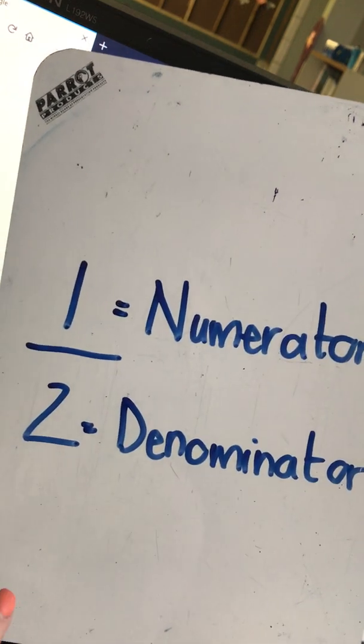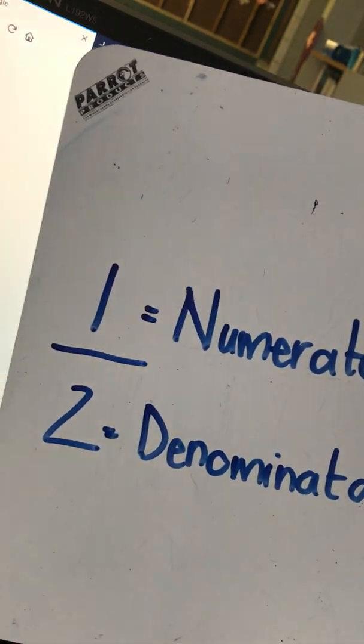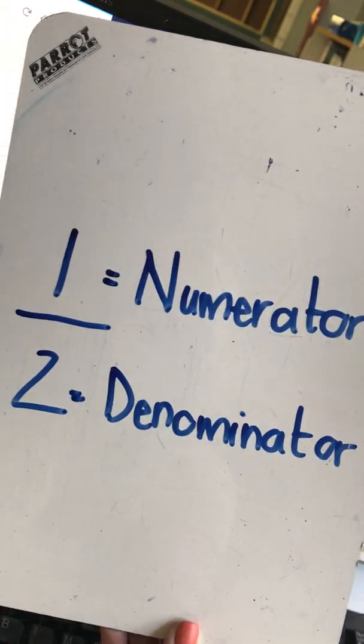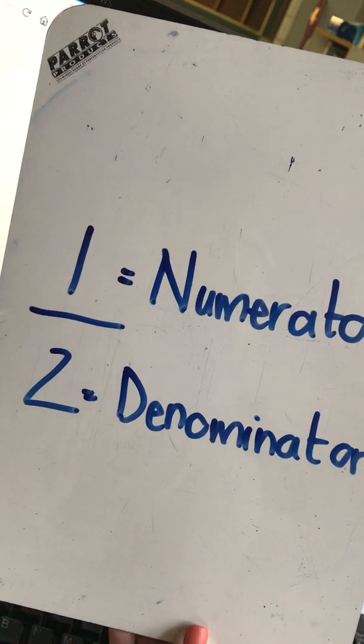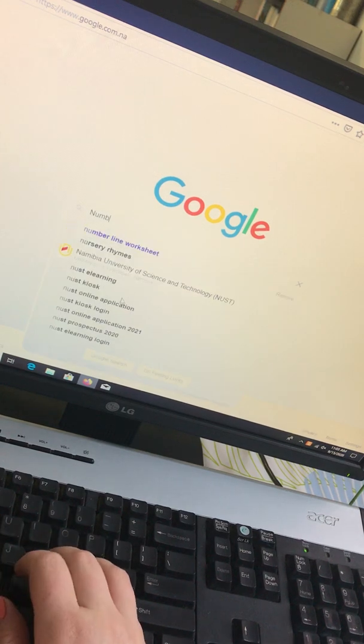Good. The bottom number is always called the denominator. Say it with me. Denominator. Good.